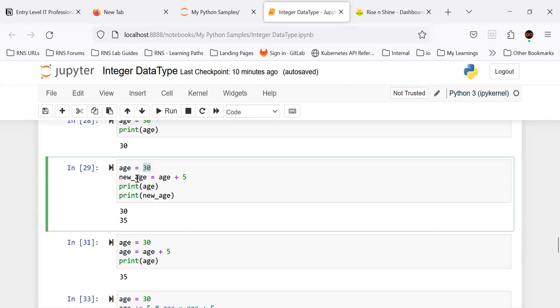Instead of hard coding, I would like to take the value of this variable from the user. That means if I run this program, it has to ask my age.